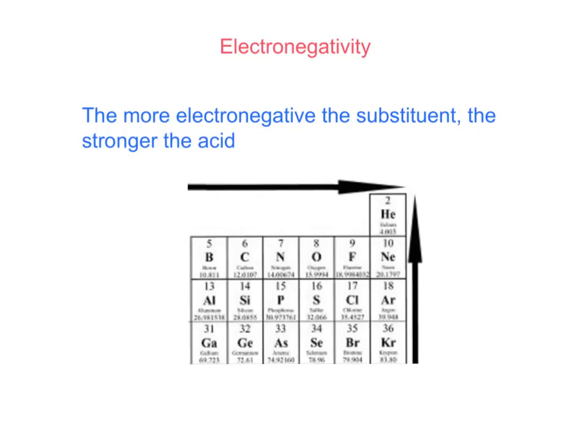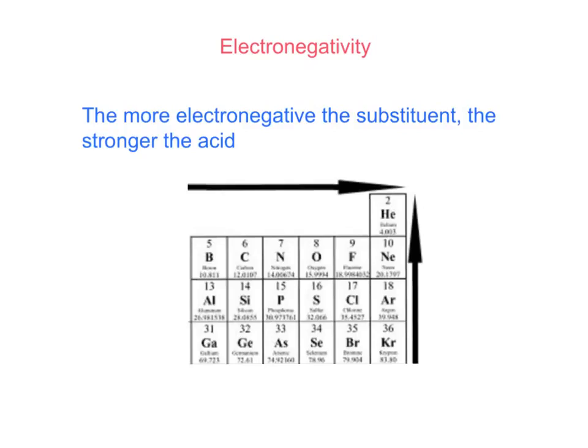First, we will talk about electronegativity and how it affects relative acidity of a molecule. As you can see here, I have a zoomed in picture of a periodic table which is focused on the more electronegative atoms in the periodic table. As you can see from these arrows, the farther right and the higher up on the periodic table you go, the more electronegative the atom is going to be.